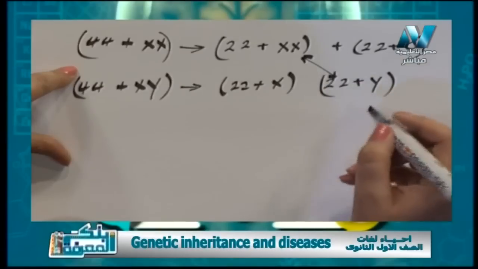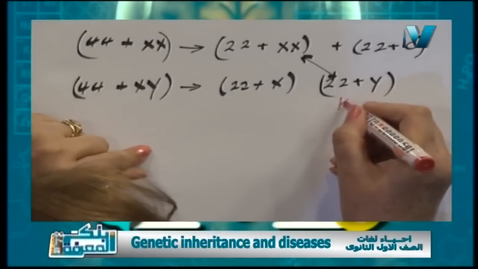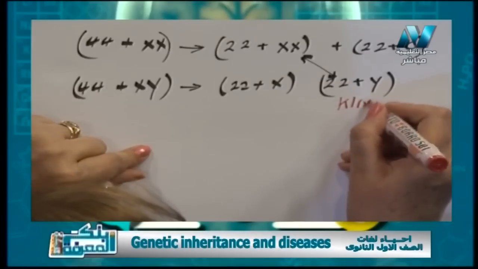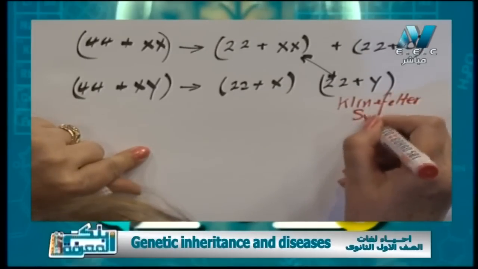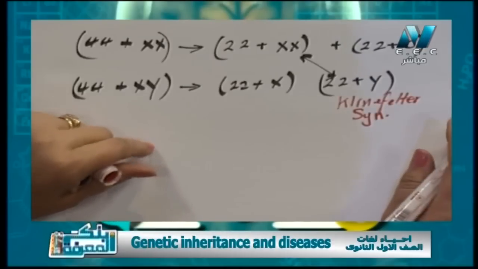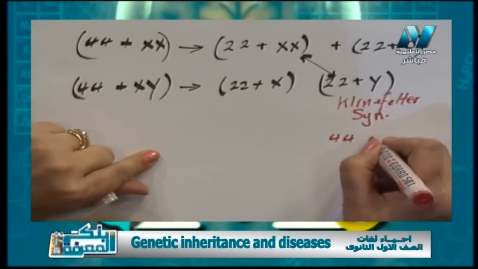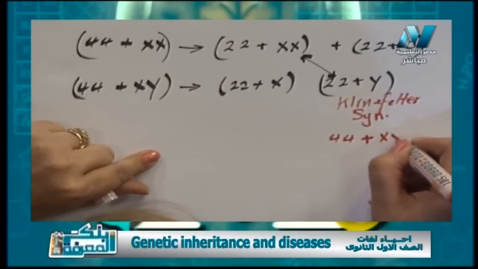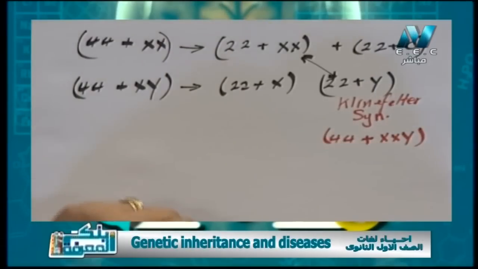After fertilization, the produced individual will have Klinefelter syndrome. The Klinefelter syndrome has 44 autosomes plus XXY. And this is the first abnormal case.